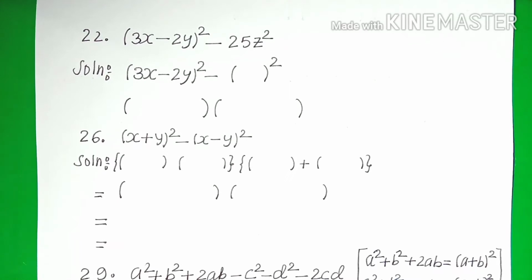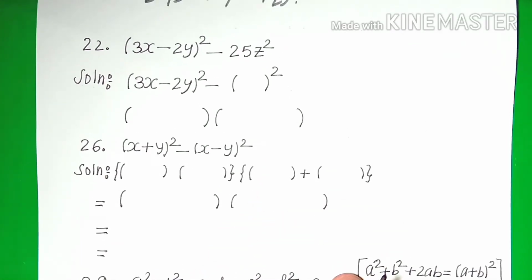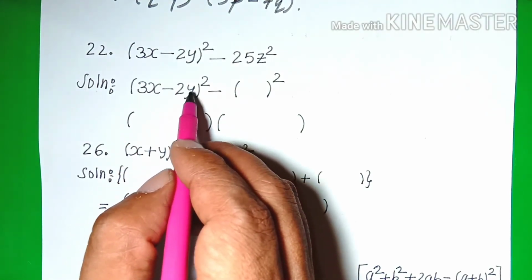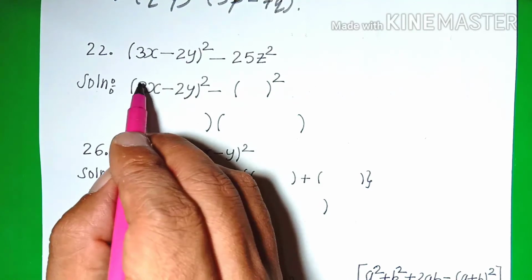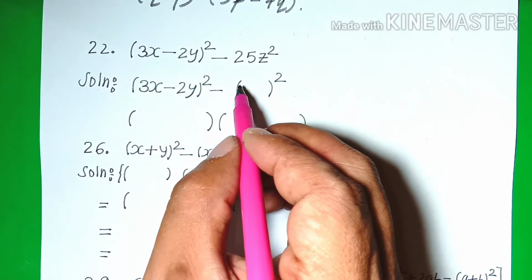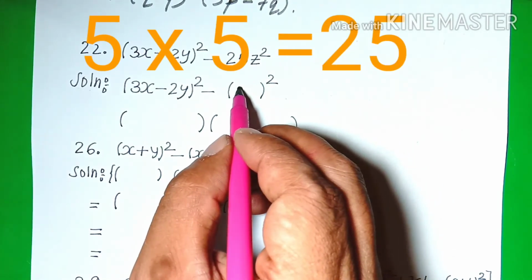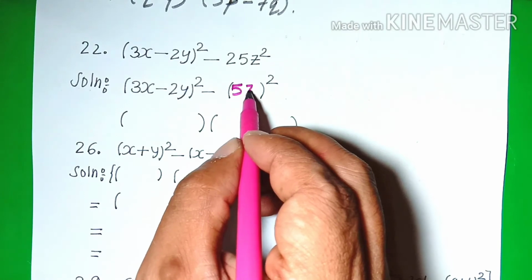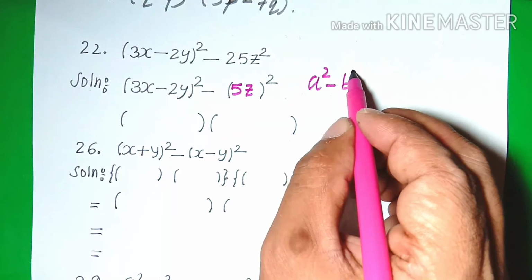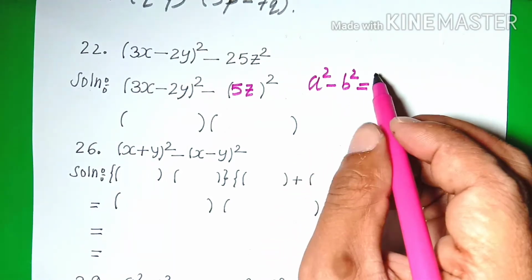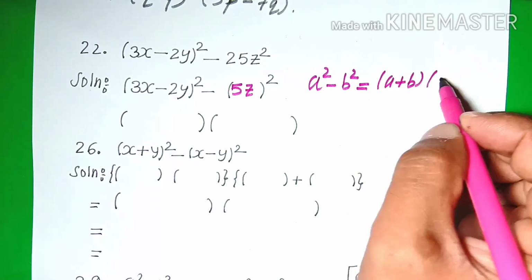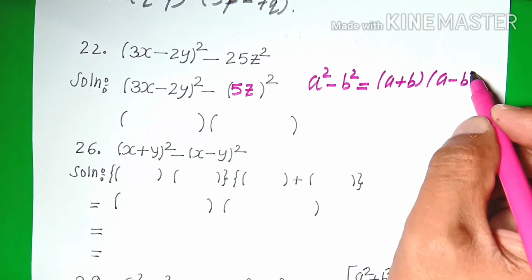Next one here. Now again here you'll have to apply difference of two squares. The first one, 3x minus 2y the whole square, is our a square, and 25z square, we know that 25 is a perfect square of, yes, that is 5. So we take here 5z, so I've got here a square minus b square, and we know that a square minus b square can be taken as a plus b times a minus b.